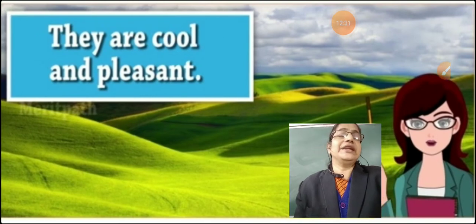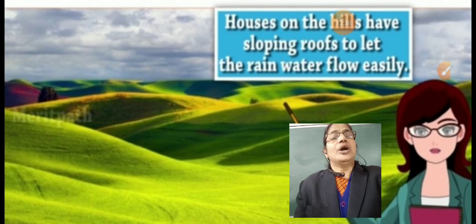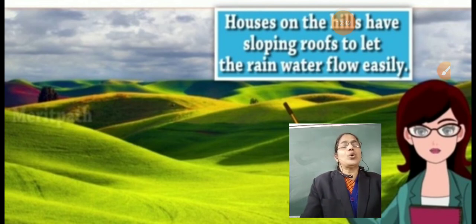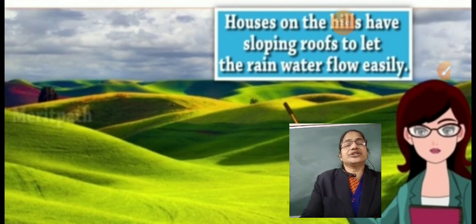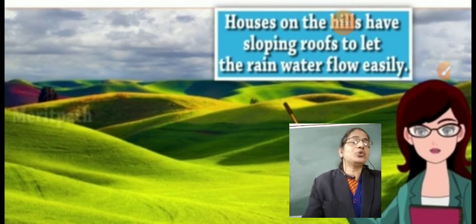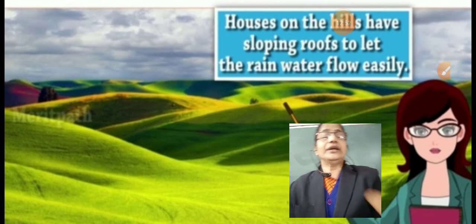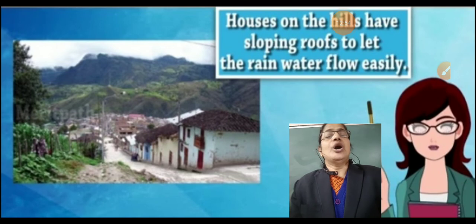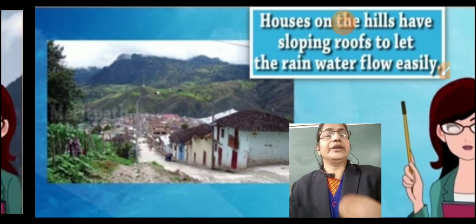Houses on the hills have sloping roofs to let the rainwater flow easily. You can see here how the houses are made.